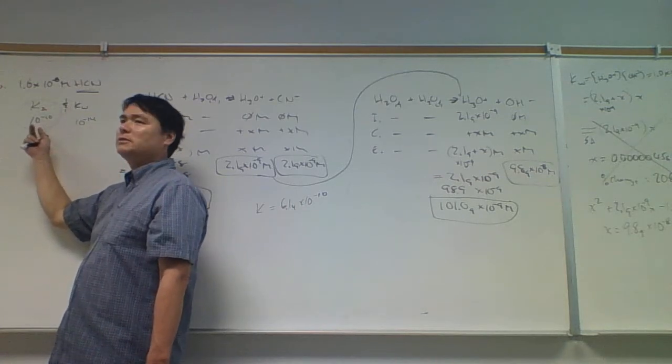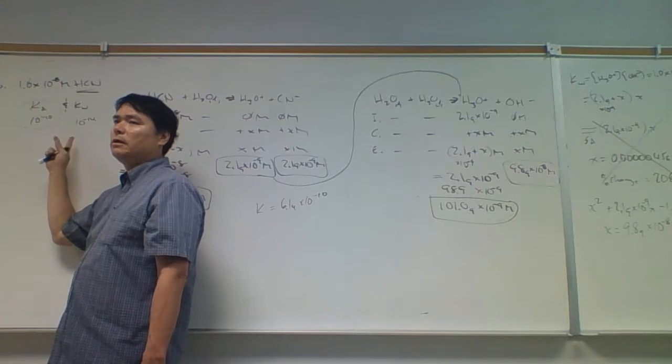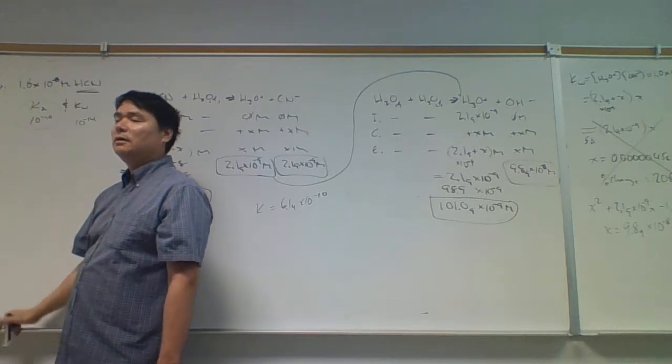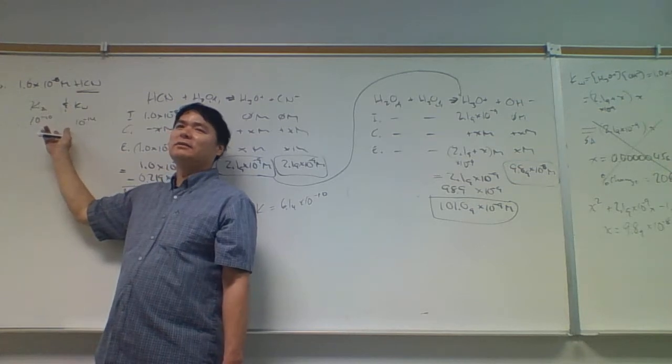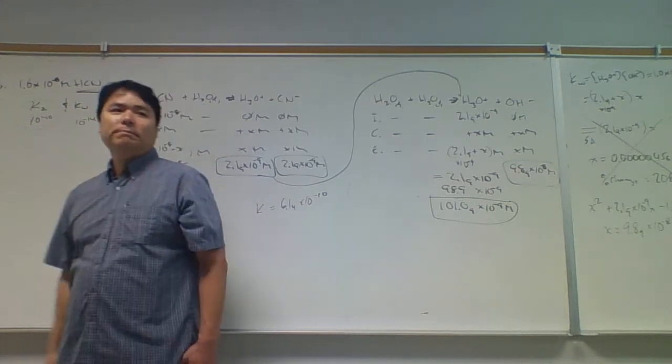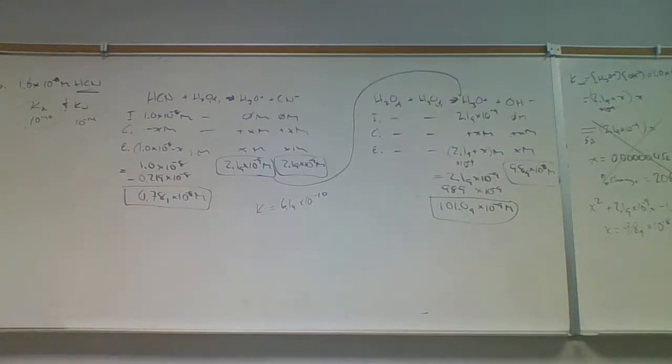Will Ka be step 1 or Kw be step 1? Sometimes, well actually, like 99% of the time, Ka is step 1. But 1% of the time, I'll give you an acid that really stinks, in the sense that its K value is really bad.